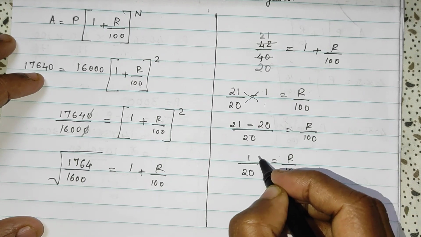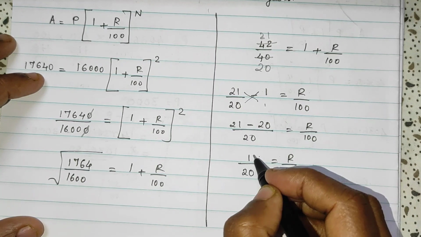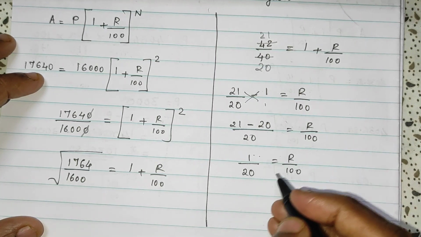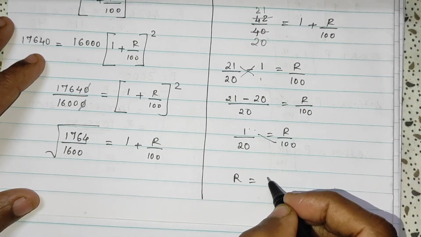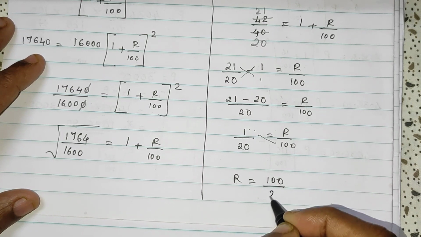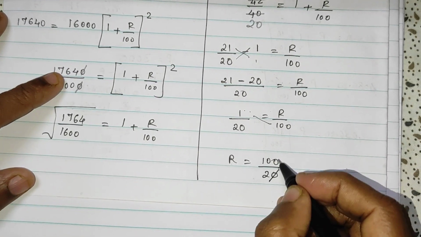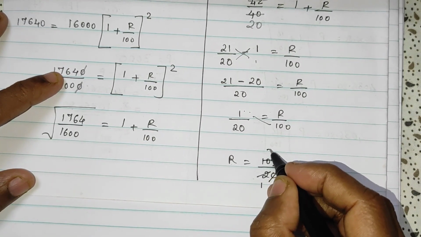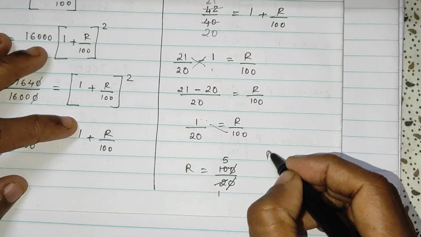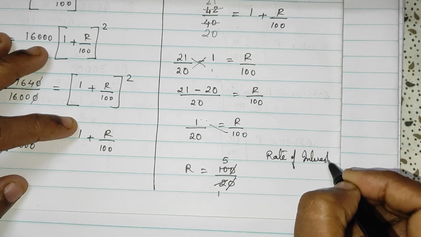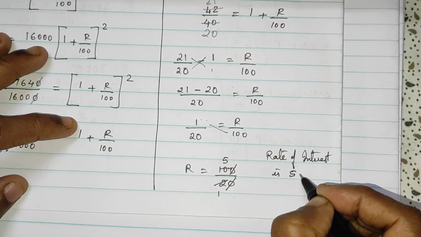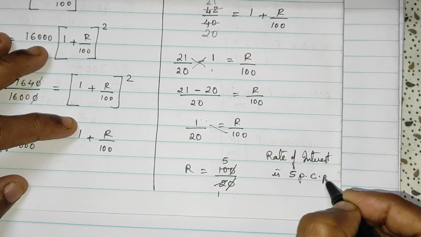So this r will go here, and this is divided so it will go there and be multiplied. So r is equal to 1 into 100 upon 20. So 0 and 0 cancel, 2 1s are 2, 2 5s are 10. So that means the rate of interest is 5% per annum.